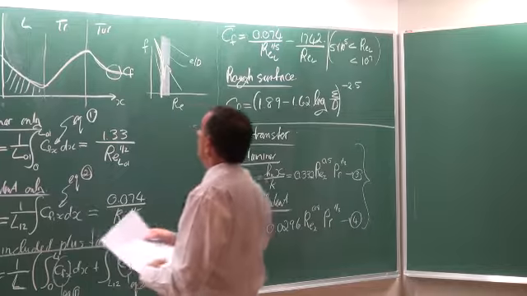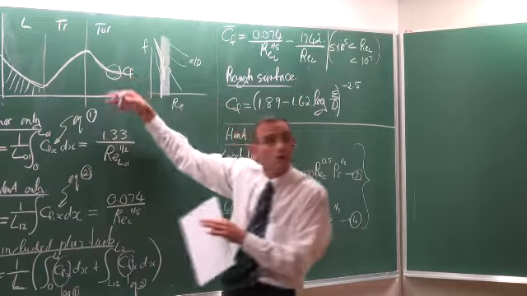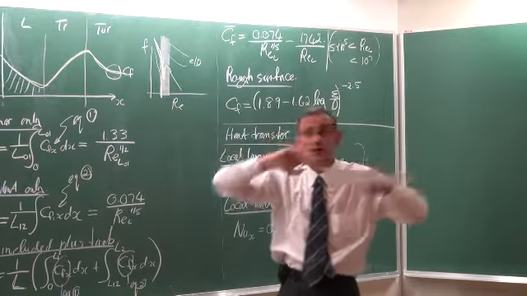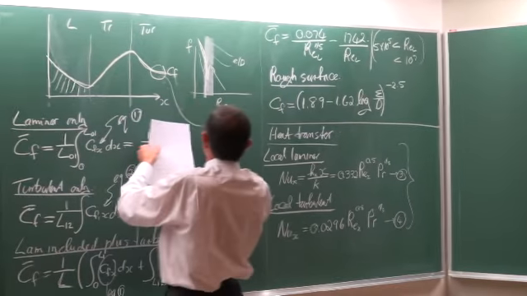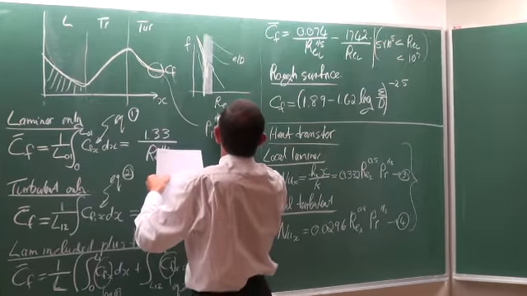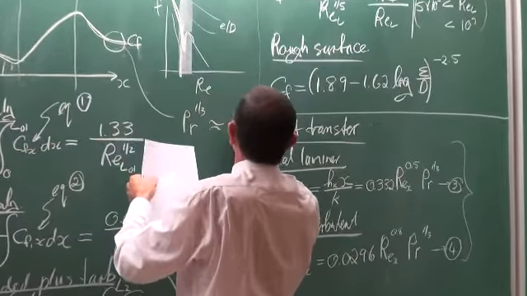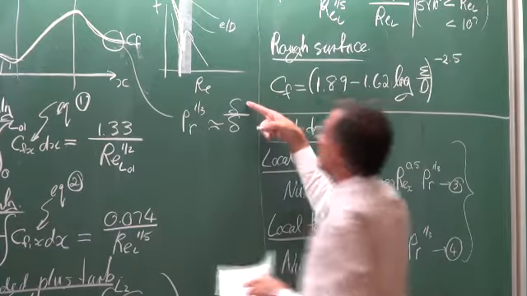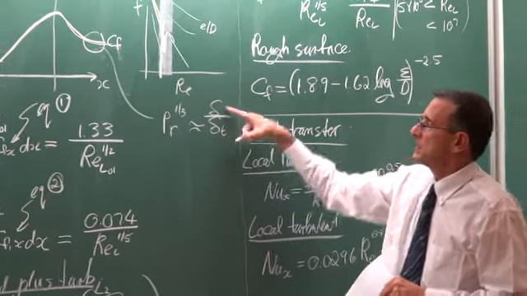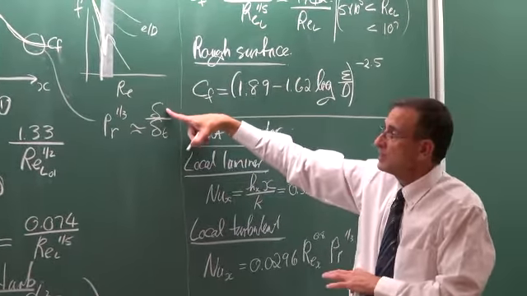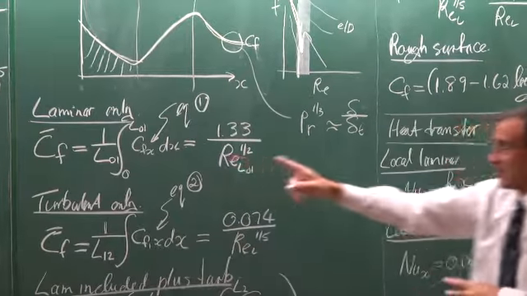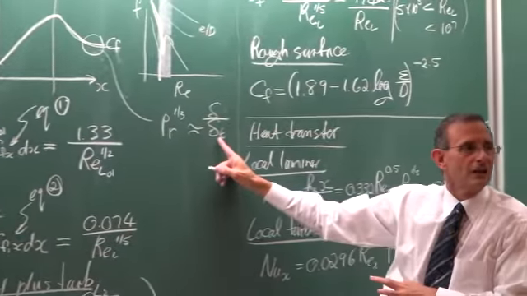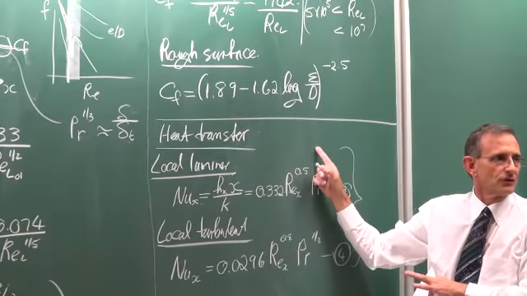Okay. And what also connects them is the Prandtl number effect, where Prandtl to the third is approximately equal to the boundary layer thickness, which drives the local skin friction coefficient, and the turbulent boundary layer thickness, which drives the heat transfer coefficient.